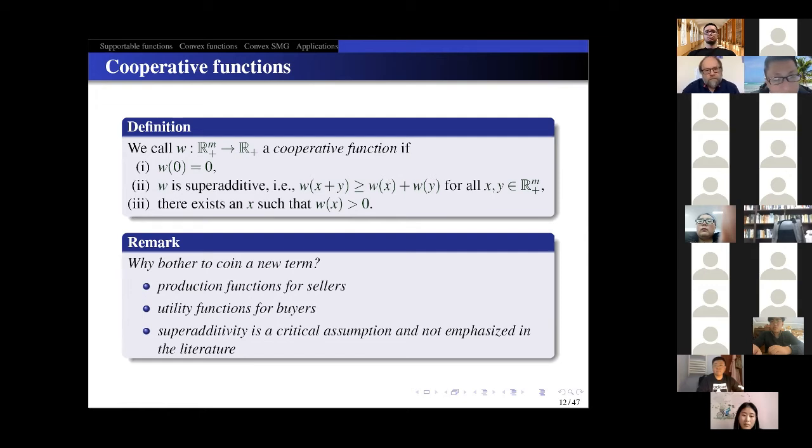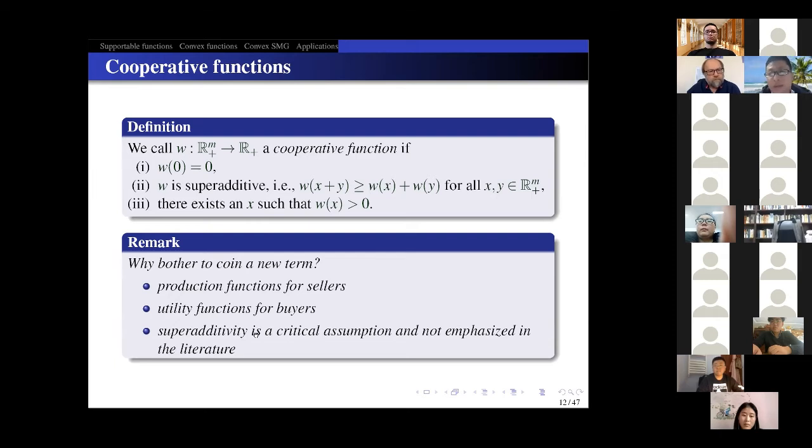So we may doubt why bother to call a new term? Why not just call it a production function or utility function? Because in many applications of this framework, this function may sometimes be a production function, and sometimes a utility function, and sometimes it may be neither a utility function nor a production function. And also a very important point is that I would like to remind the reader that we assume that this function is always superadditive.